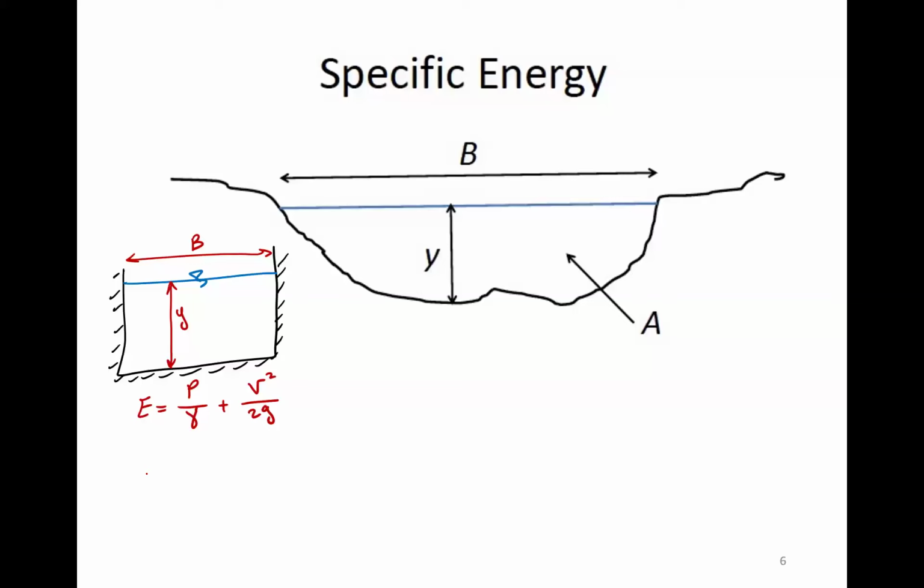And if we convert this to depth for pressure head and use discharge to define velocity, unit discharge, we get Y plus q squared over 2G Y squared. That was a typical specific energy equation for rectangular channels. And we also know that by definition, small q unit discharge is equal to capital Q total discharge divided by width of the channel.